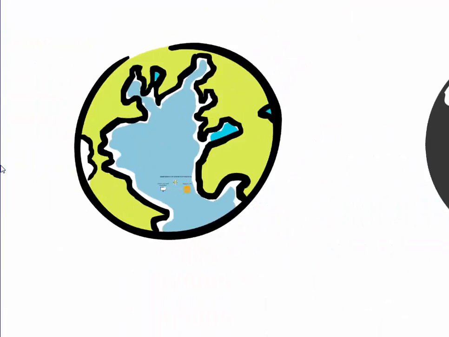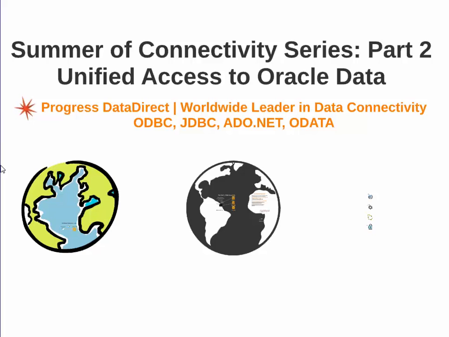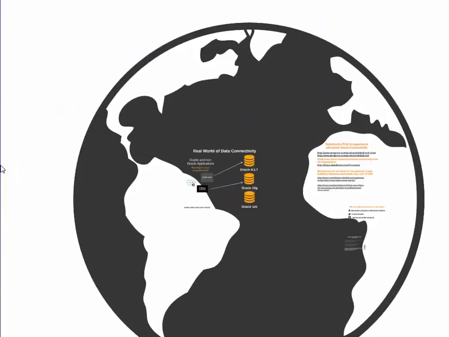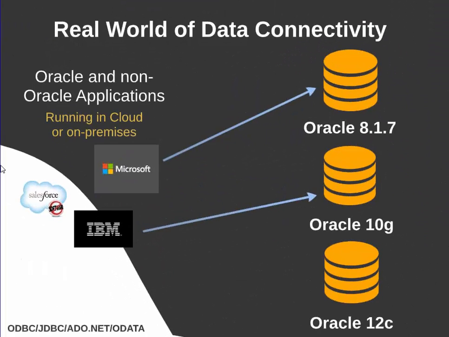But if we move from the ideal world into the real world, it looks a little bit different. In the real world, you have some Oracle applications and non-Oracle applications. They may be running in the cloud, on-premise, or in some hybrid environment. You've got different versions. There could be 8, 9, 10, or 12.